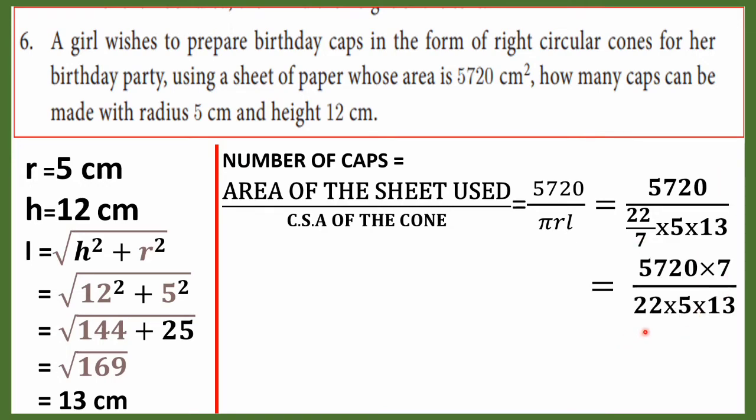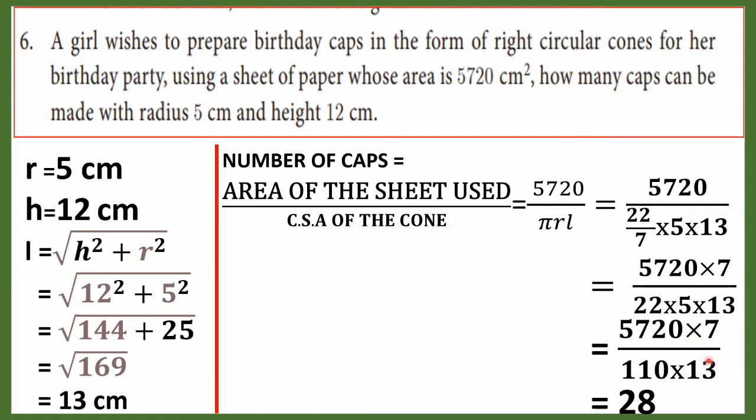Then, before doing this simplification, we have to multiply these two numbers. 5000 into 7 by 22 into 5, 110. Now, let's see. This 0 and 0 first get cancelled. Then 572 divided by 11, 52. 52 divided by 13, 4. 4 sevens are 28. So the number of caps equal to 28.